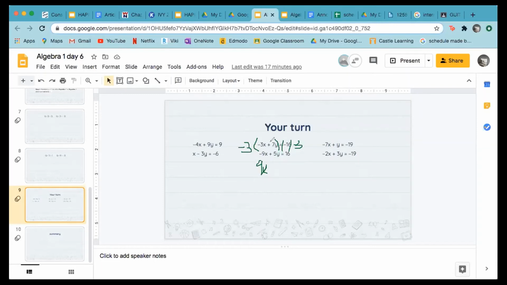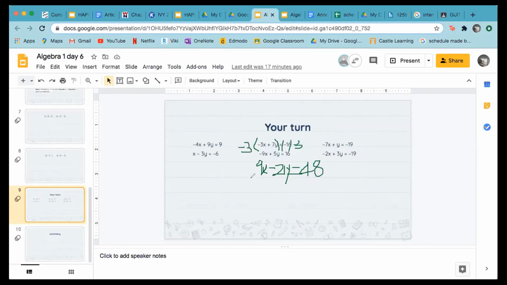Because a negative times a positive gives you a negative, so it's negative 21. Yeah. And then for the last part, positive 48. Correct.